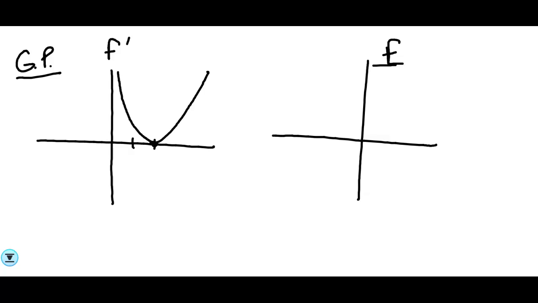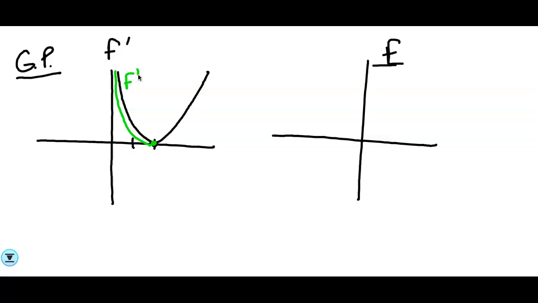Someone want to tell me a good place to start here? We want to find our critical value. I like the vocabulary. Good, nice job. Where's my critical value? It's at 2. Okay, what do I know about f prime? Gabriel, I didn't call on you today, did I? All right, Gabriel, what do I know about f prime to the left of my critical value?